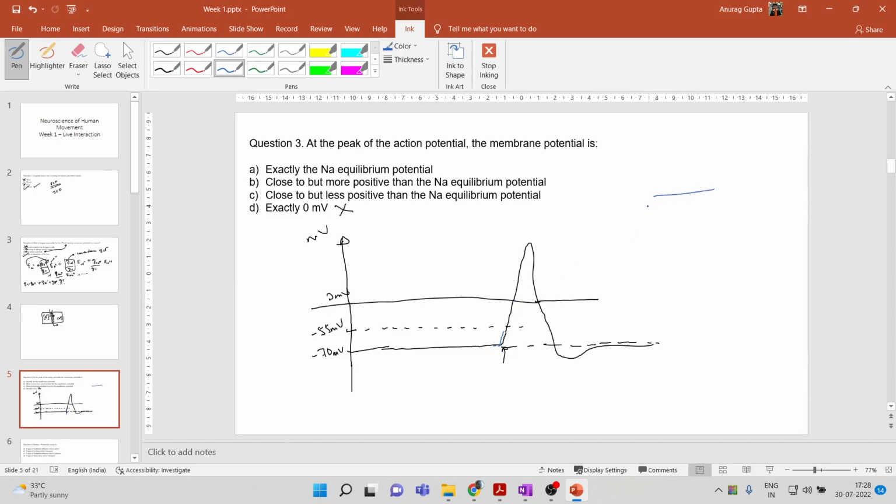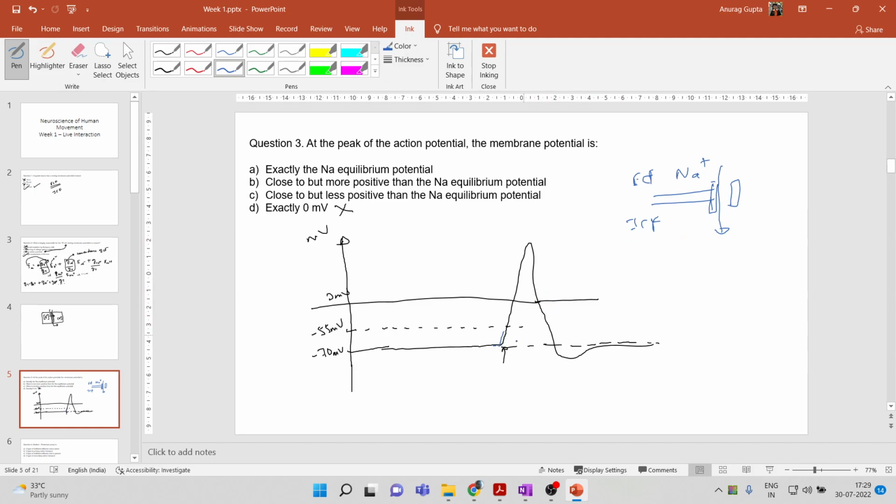Sodium ions are now free to travel along their concentration gradient. Let us remember that the concentration of Na plus in the ECF is very high, and if voltage gated sodium channels open up, then sodium will travel down its concentration gradient into the ICF, and this will cause a rapid depolarization.